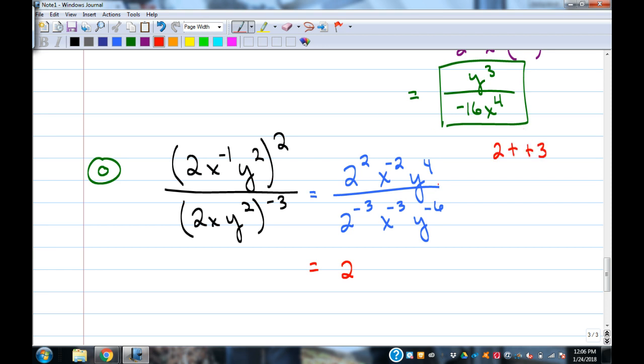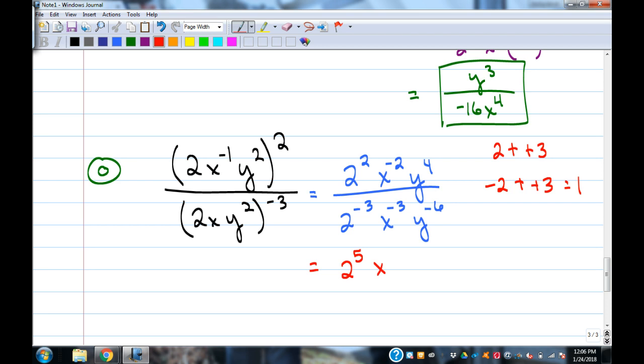Yeah, it turns to plus 2 to the 5th. And then on the x's, we got negative 2 minus negative 3, which ends up being positive 1. So x to the first.